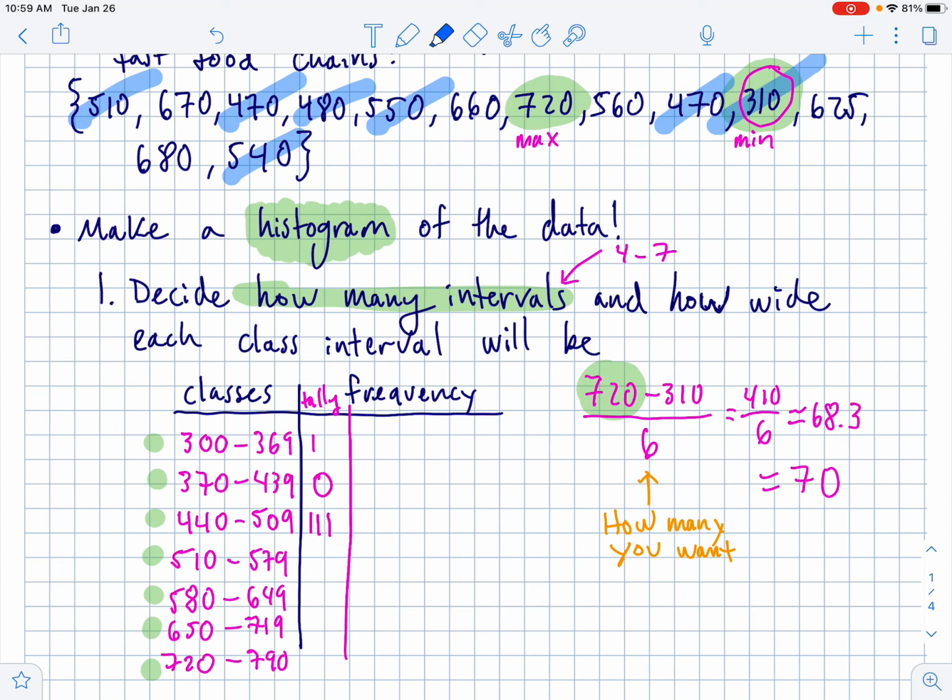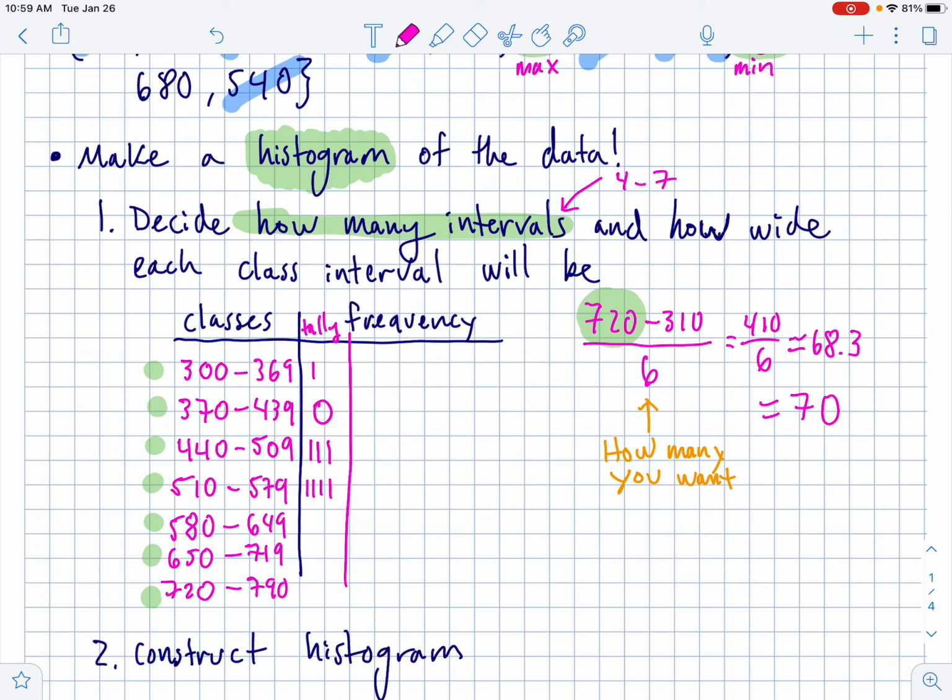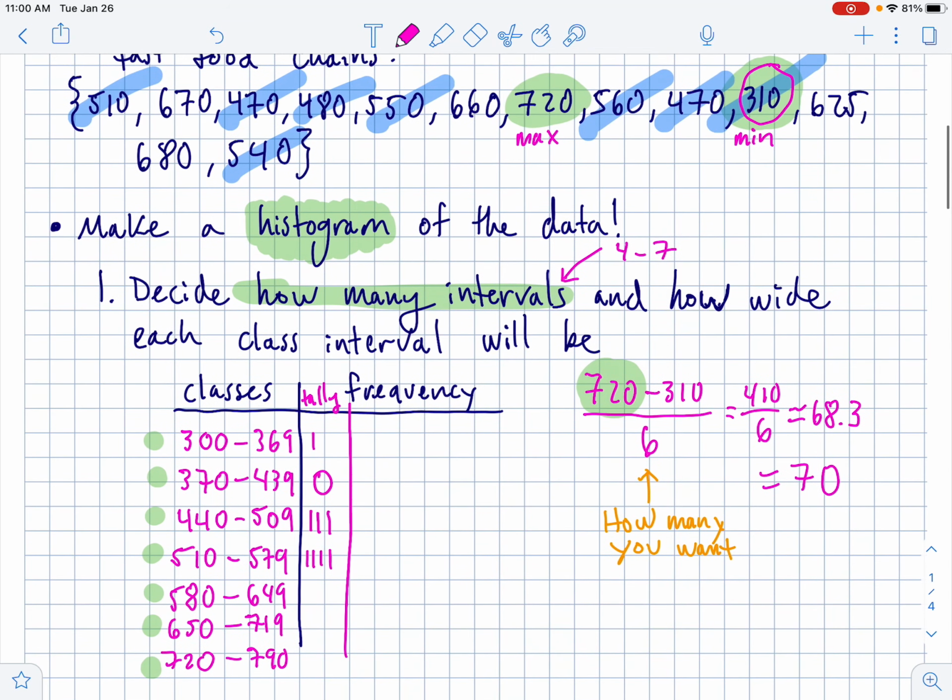I'm still under 579. 560, that's 4. And then the next one would be over. So that's 4 tally marks here. Then from 580 to 649, I believe there's only 1 in the data set, and it is 625. So there's just 1 here.